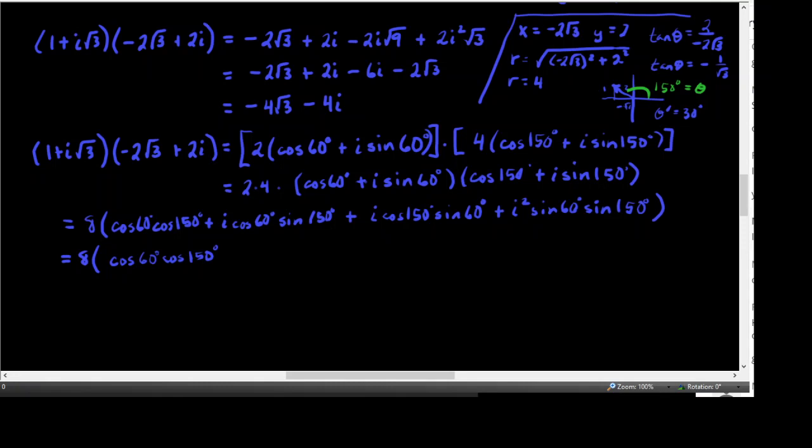The next one I write, that I squared for the last one is -1, and I want to write that one next. So, nope, I'm sorry. Yeah, that's the one I want to write next. So sine of 60 degrees. And again, it's minus because I squared is equal to -1.